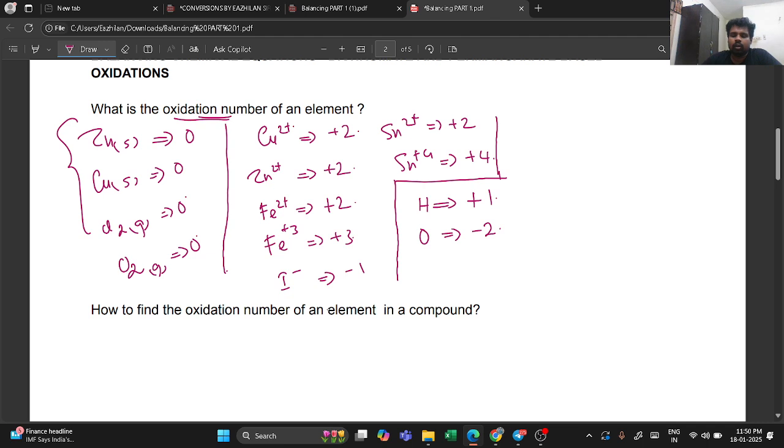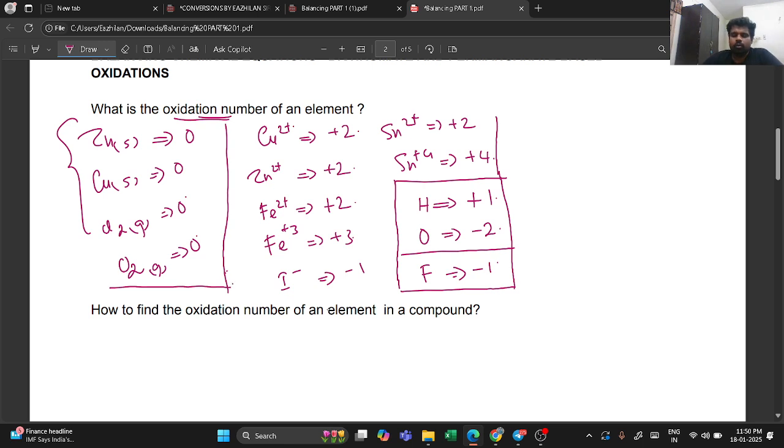For fluorine it is always -1. With these examples, it is more than sufficient for us to solve all the balancing. If anything else is required, I will teach you that during balancing the expression.